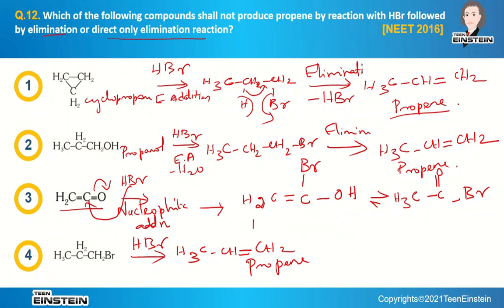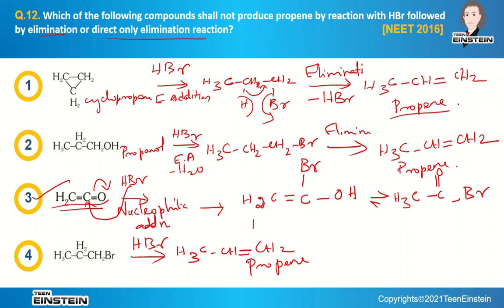So the correct answer is option 3. The compound which shall not produce propene by reaction with hydrogen bromide followed by elimination reaction, so the correct option is option number 3.